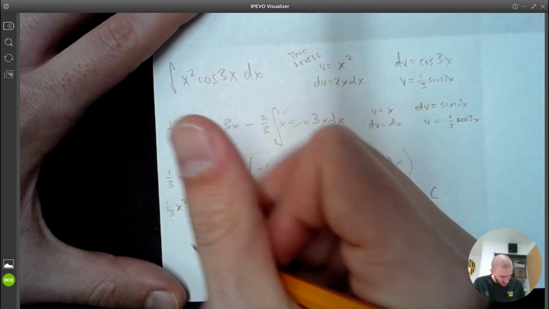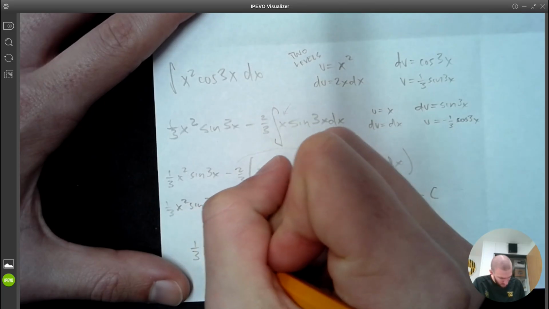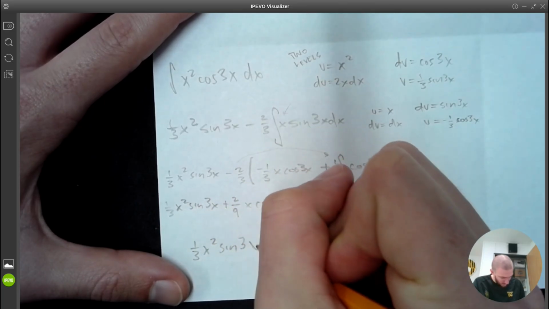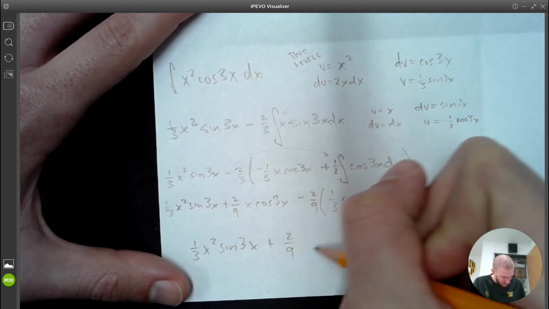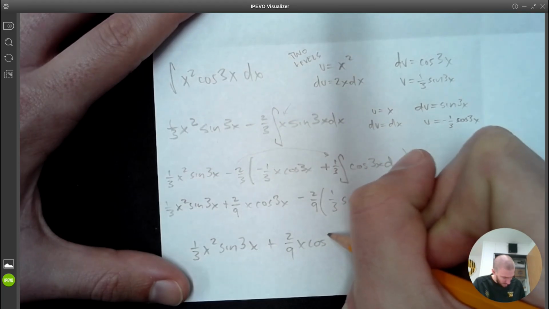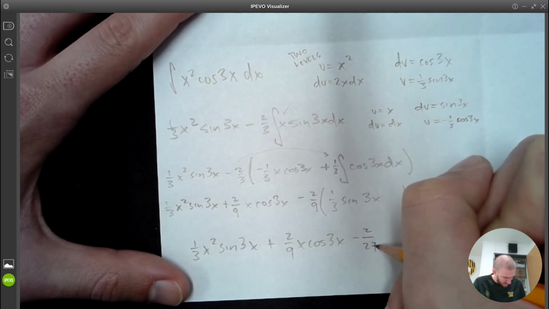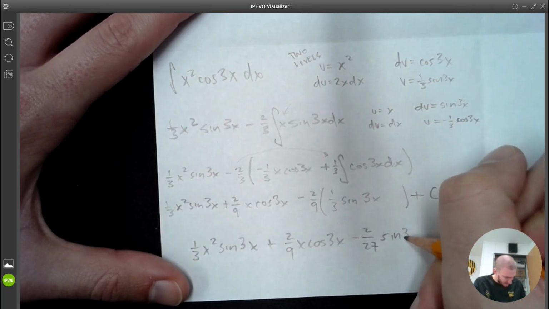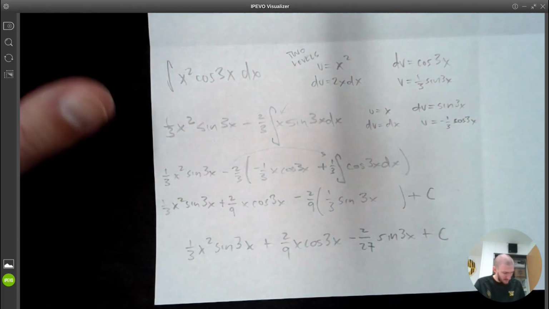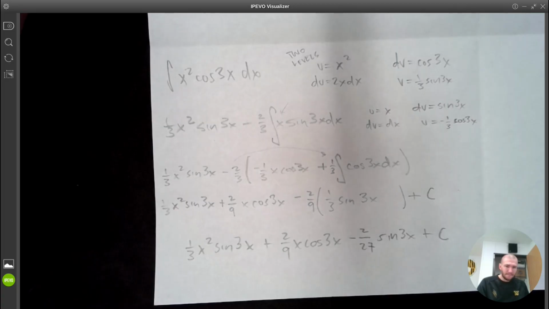I just need to multiply this. 1/3 x squared sine 3x plus 2/9 x cosine 3x minus 2/27 sine 3x plus c. Yep, easy.